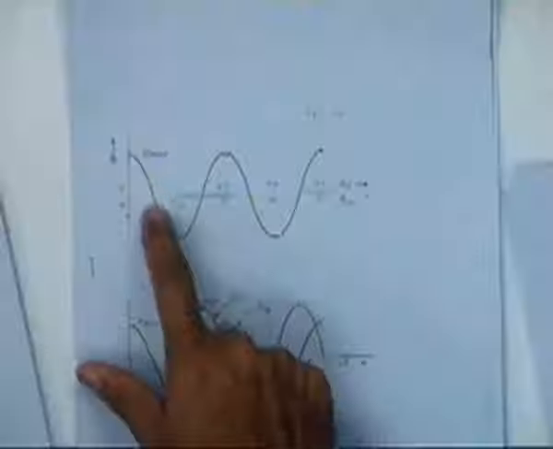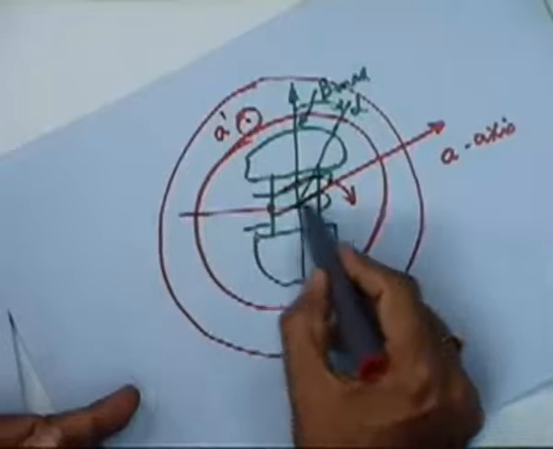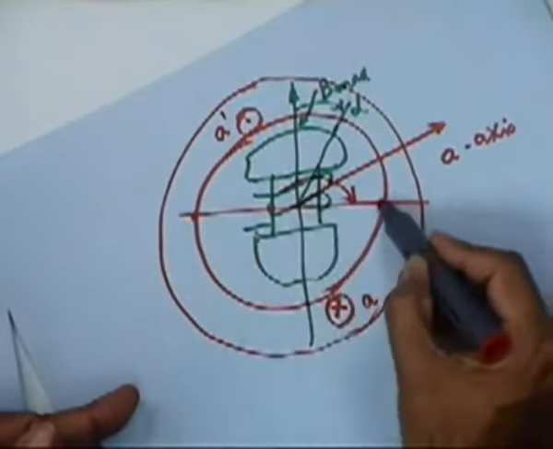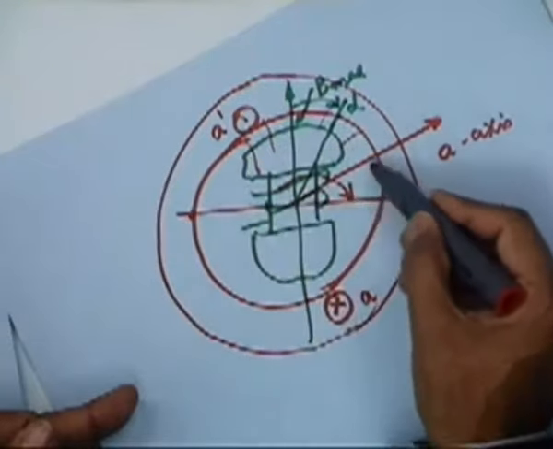Now what will be the flux per pole? From this point to this point there are all flux lines, and what will be the total flux per pole?